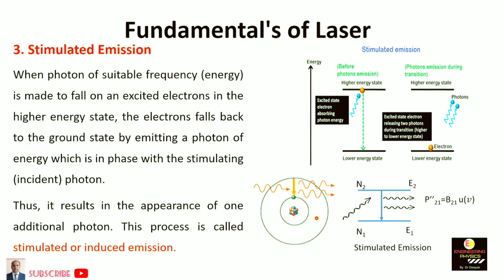From this atomic diagram, you can see we are using a photon of light that strikes the electron in the excited state, and after that there is a multiplication of photons. That process is known as stimulated emission.